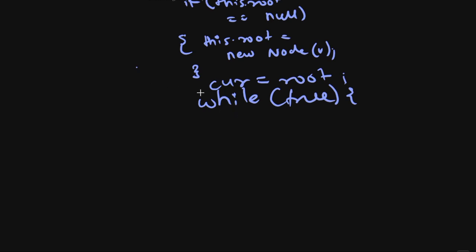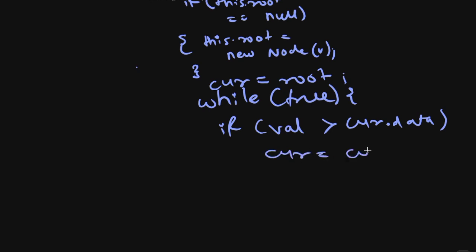So while true, if the value is greater than current dot data, where current is a node, we need to move to the right side of this node. So I will update current to current dot right.